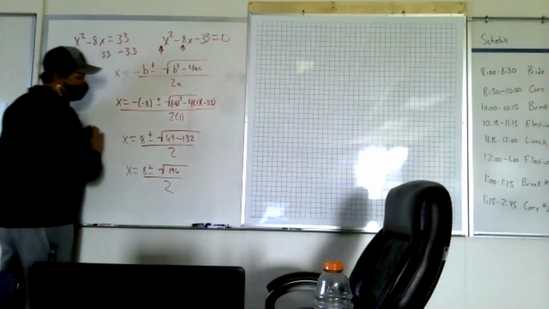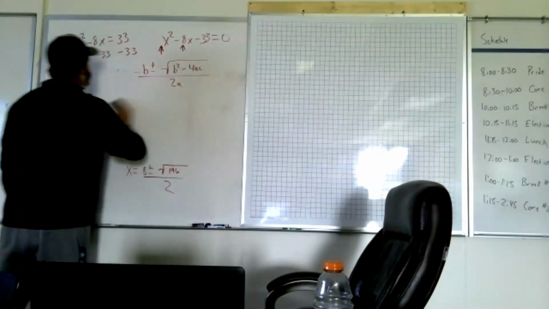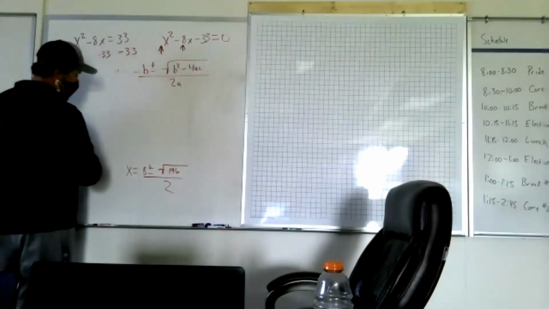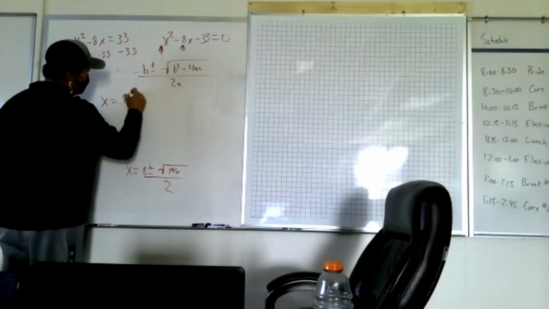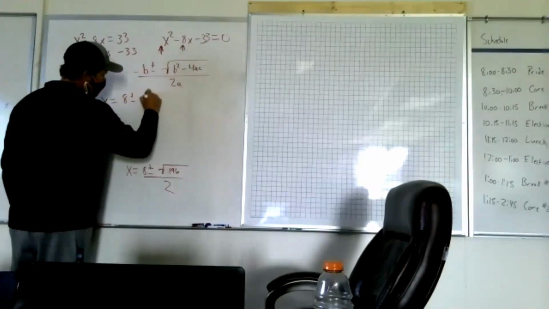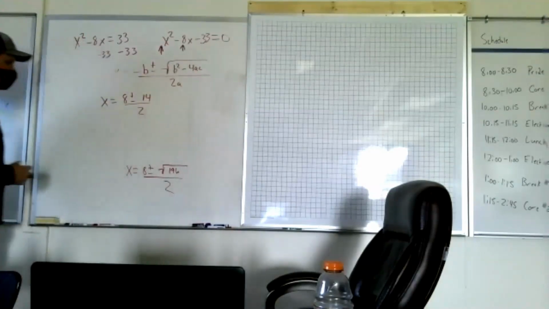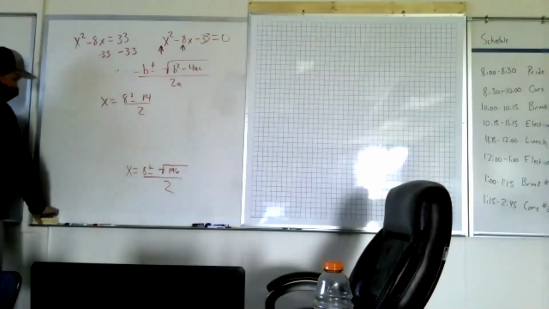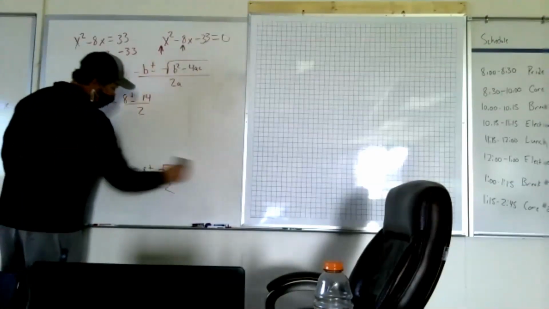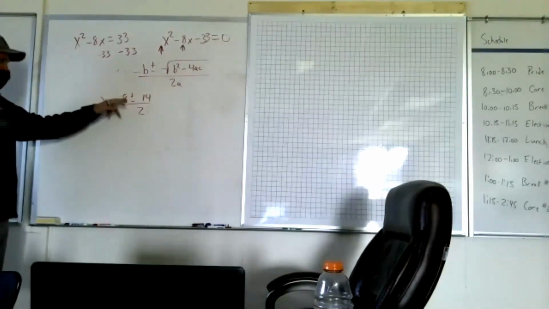If I erase to give myself a little more room, I'm left with x is equal to 8 plus or minus 14, divided by 2. Once you've resolved the radical, it's acceptable to break it into two different equations, one with a plus and one with a minus.